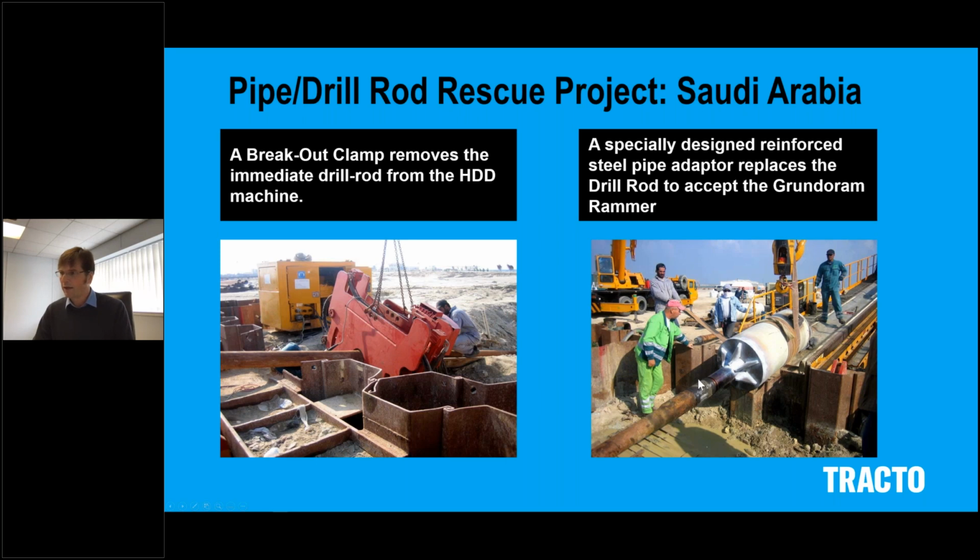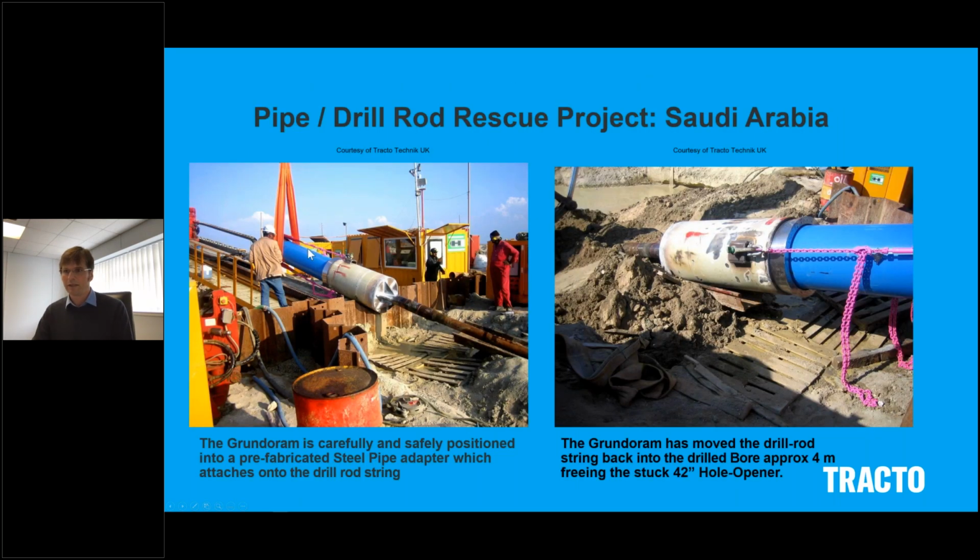And the work began. Here you see the rammer being installed, being shored properly, and being strapped, just like following the process as if we would attach it to a normal product pipe.